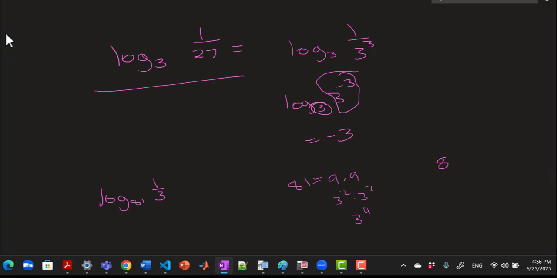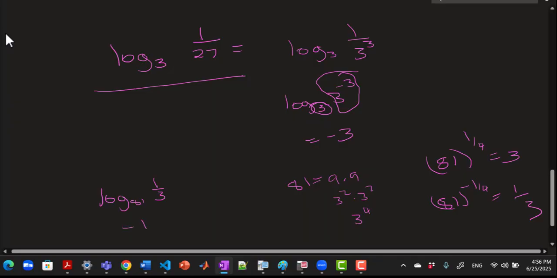That means that 81 to the 1/4 is 3. But I don't need 3, I need 1/3. So 81 to the negative 1/4 is 1 over 3, and that's what I need. So my answer here would be negative 1/4.